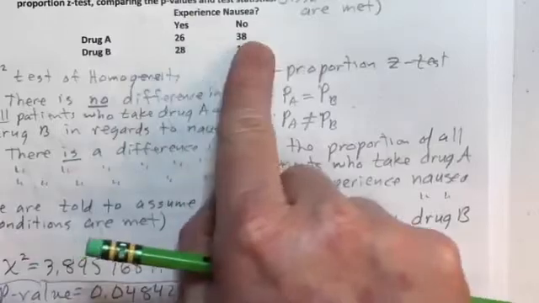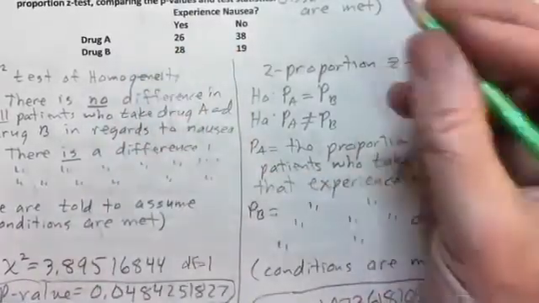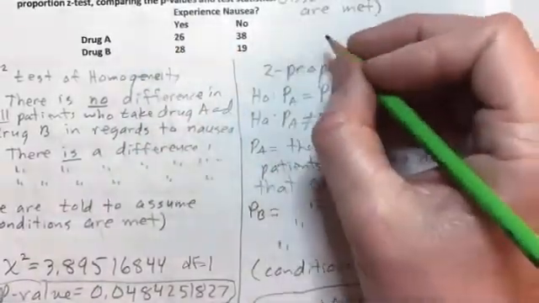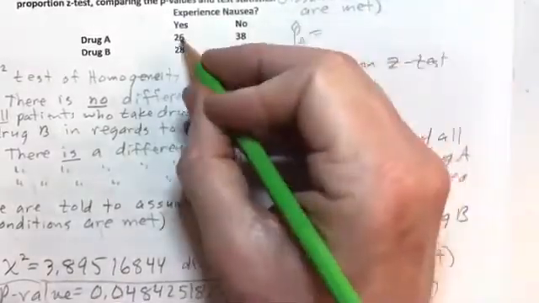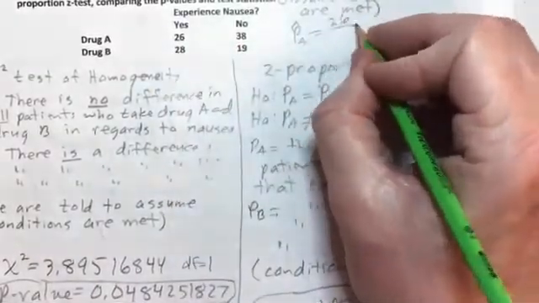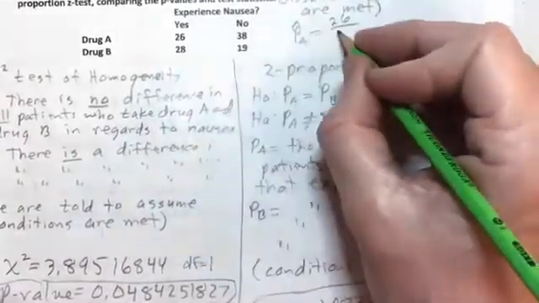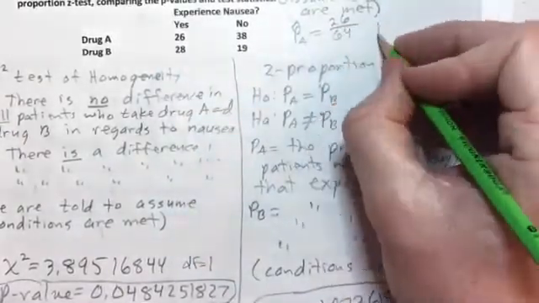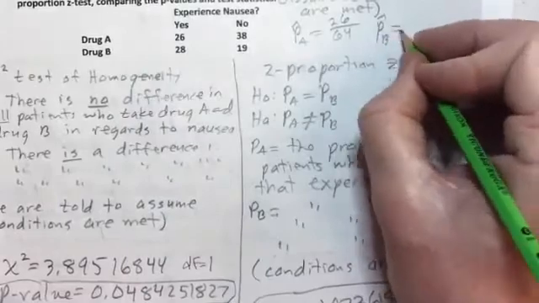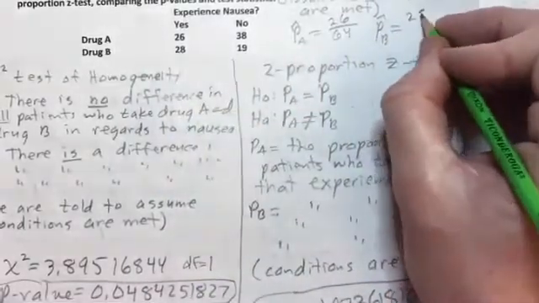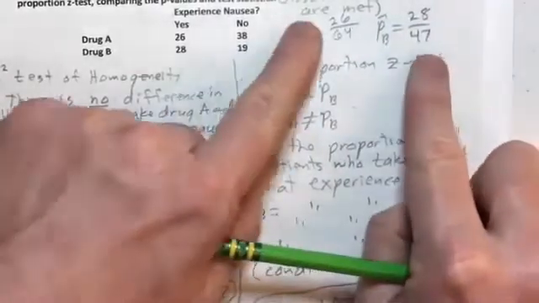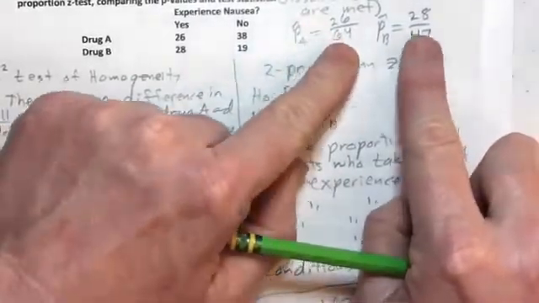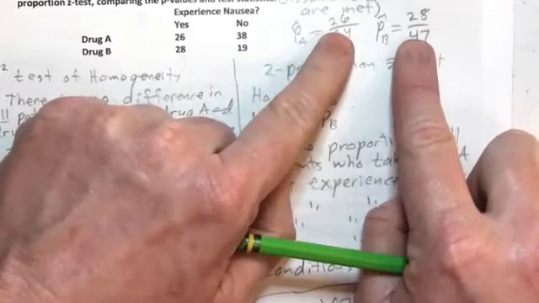So the way we're looking at our data is that our p hat for A is equal to 26 experienced nausea out of the total of 64. And our p hat for B, our sample value for B, would be 28 out of 47. And so the question here is, is there a statistically significant difference between this and this?